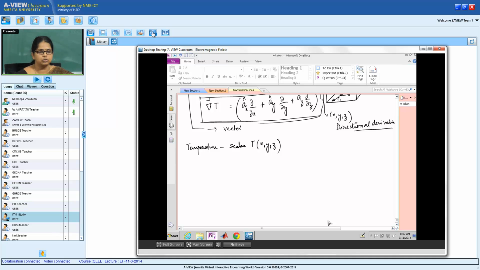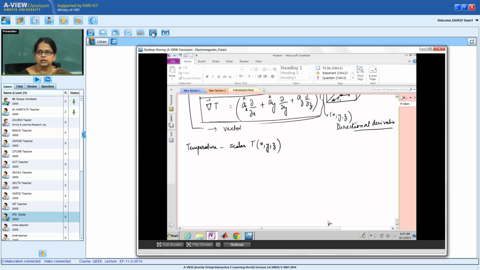Closer to amplifiers or instruments which are emitting heat, the temperature could be higher. So there is a non-uniform distribution of temperature in this room. Question is, how do I explain the change in temperature, the gradient of temperature in this room?